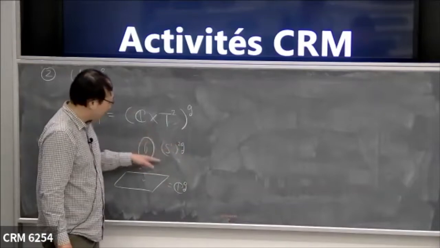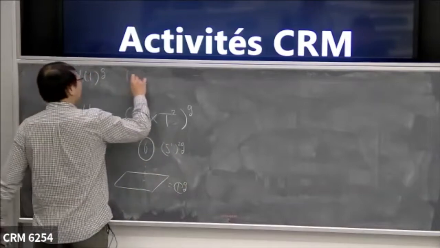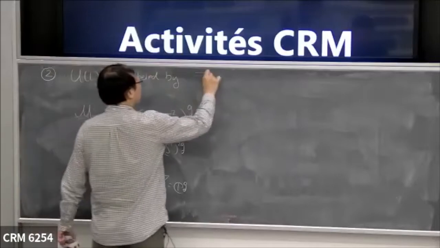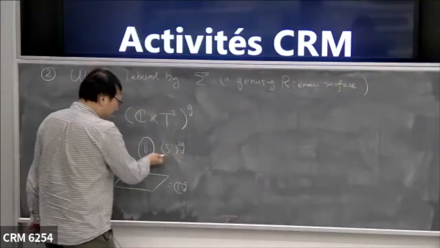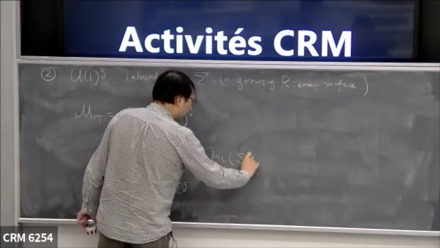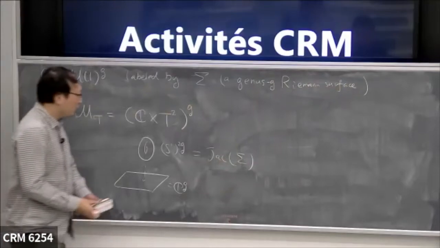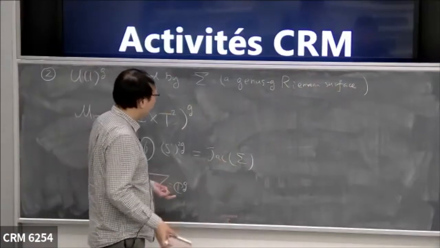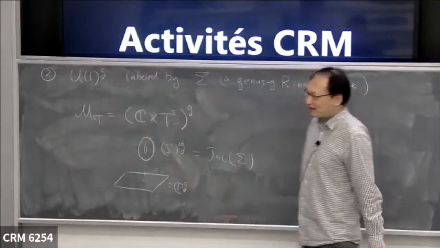It can be a general abelian variety, but we'll consider a special family labeled by a genus G Riemann surface. This will now be the Jacobian of sigma. The Jacobian of a genus G Riemann surface is a complex abelian variety of compact dimension G, so that's perfect for this.